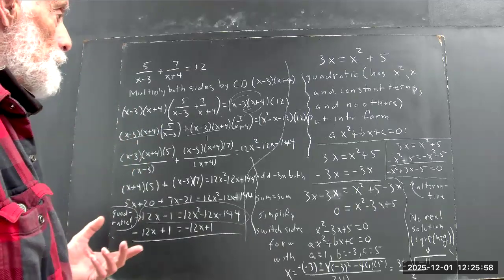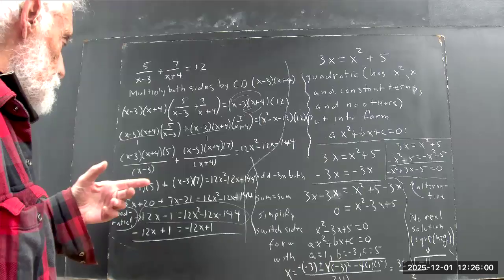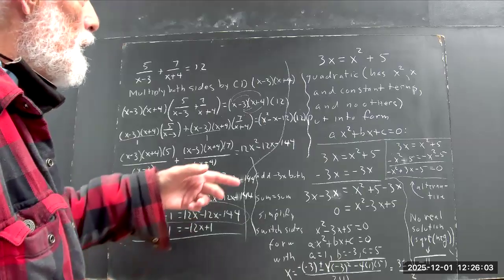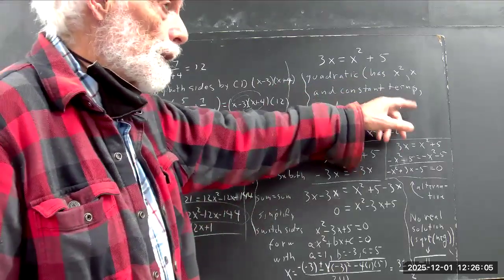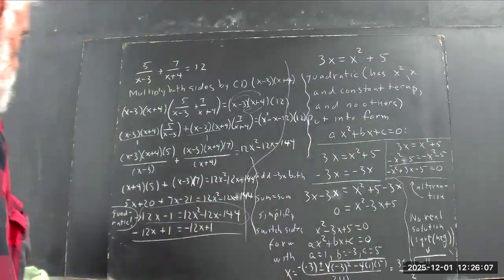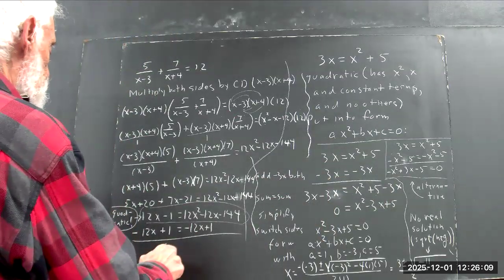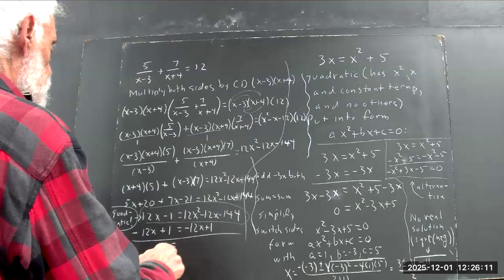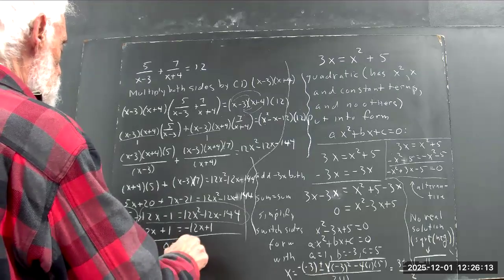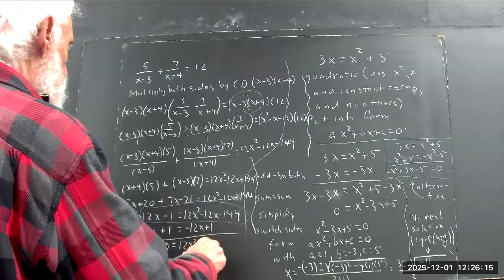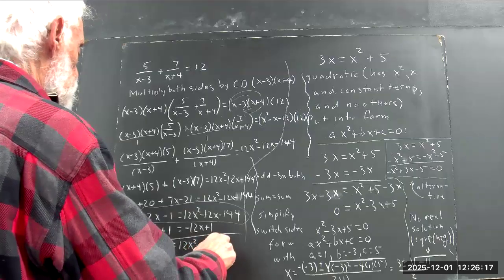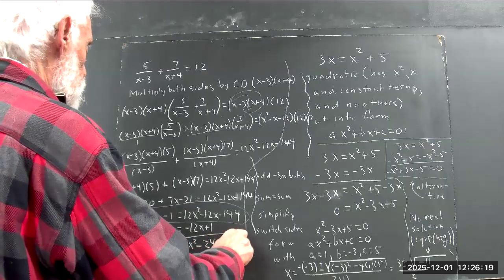We have nothing but x squared, x, and constant terms. That's our test. If so, we can do this. We get 0 equals 12x squared minus 24x minus 143.